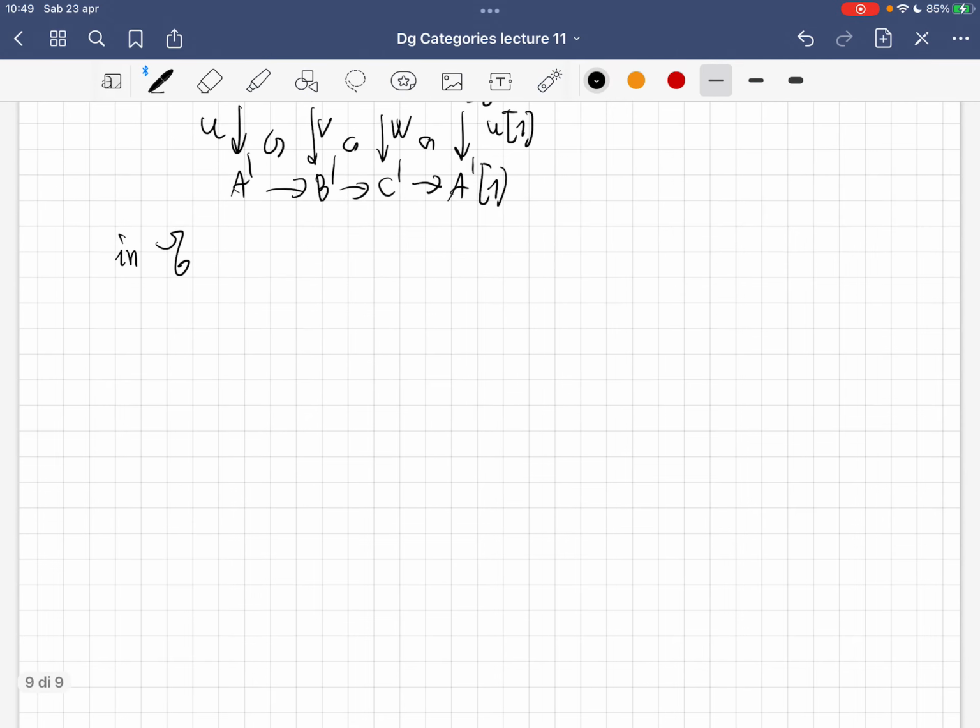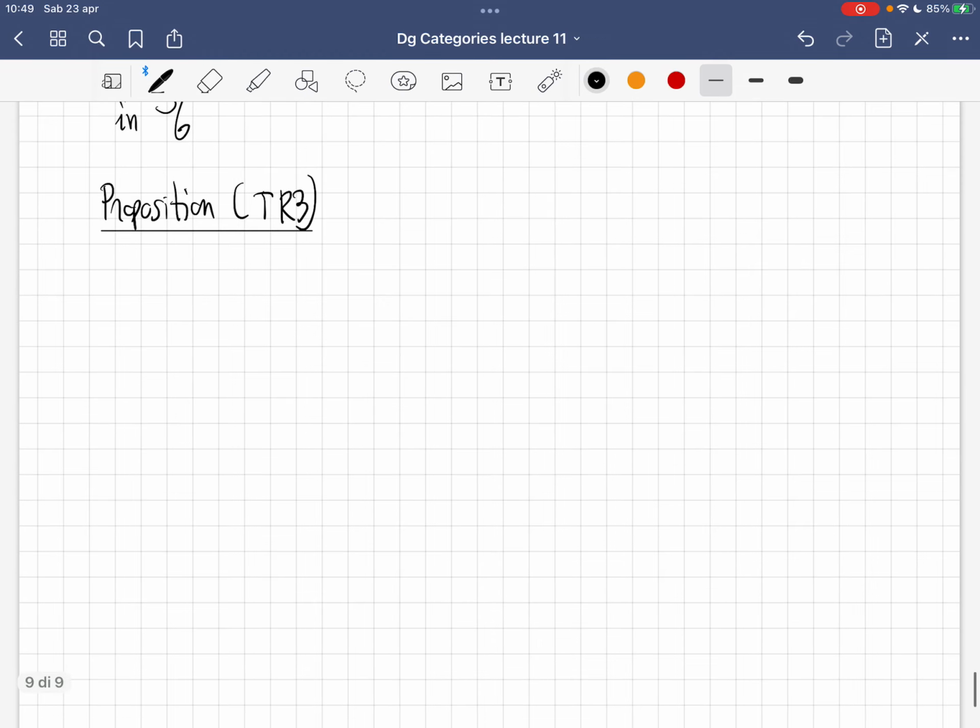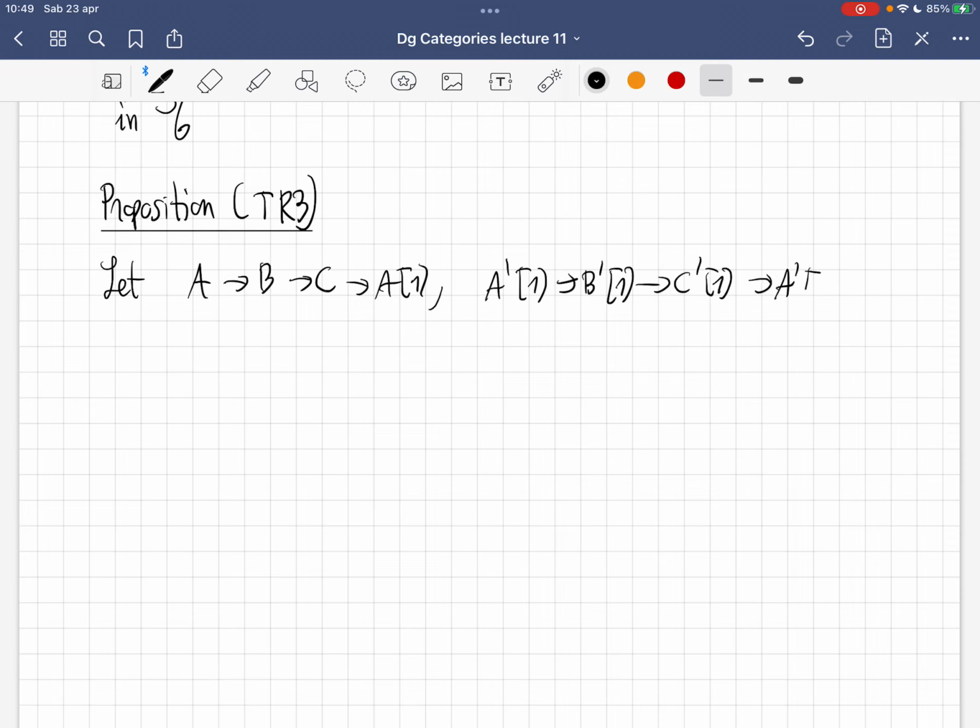Okay, so the last thing we are proving today is this proposition we called TR3. This is probably the easiest one to prove, at least. So you start with some distinguished triangles. What am I writing here?